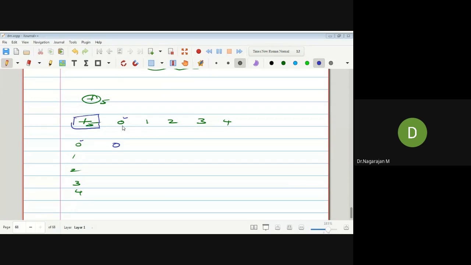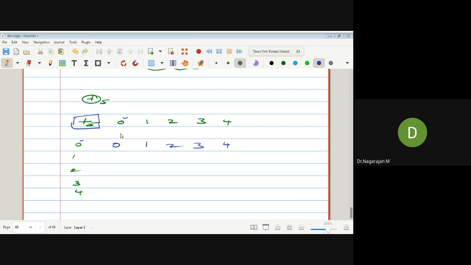Next, 0 plus 1 is 1. Because adding 0 to any element gives the same element, directly 0 plus 2 is 2, 0 plus 3 is 3, 0 plus 4 is 4. Is that correct? Any doubt in the first step? No, sir. Second step.